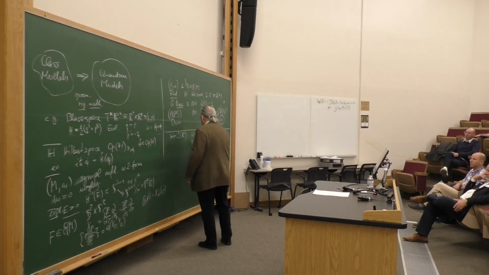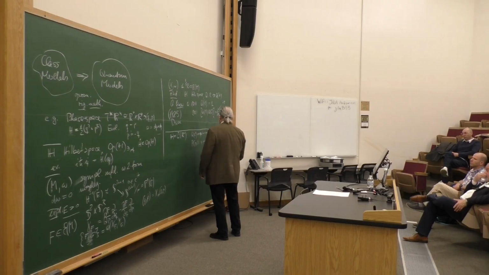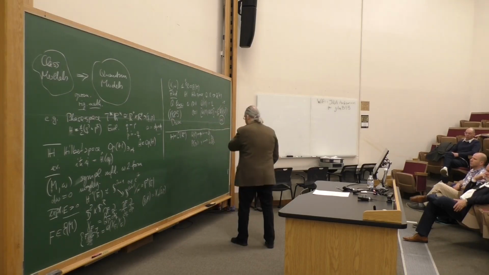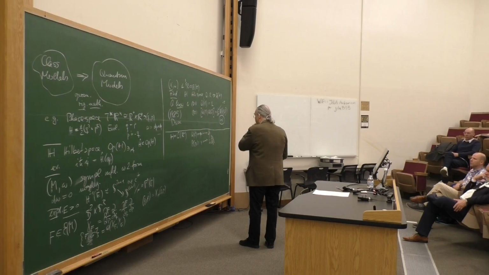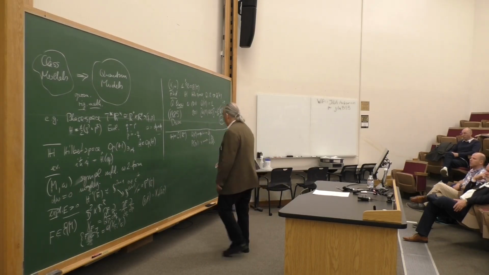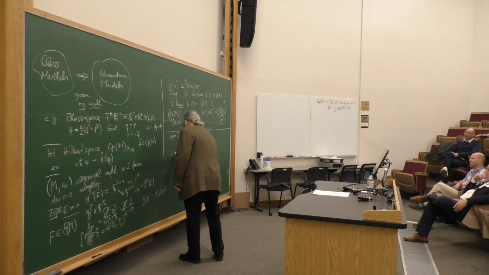And P of p_k is essentially the derivative, and here we need a certain constant in order to make it really for h. Okay.